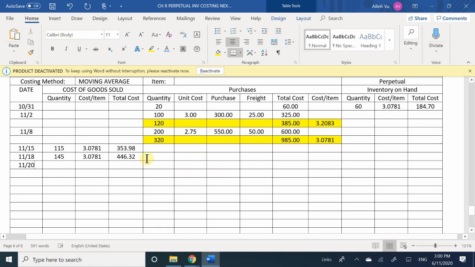We purchased 300 more items at $2.50, and my freight was 75. All right. So what is my total purchases? 750 plus 75. 825. All right.